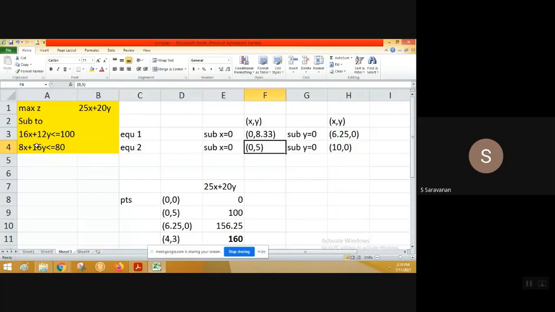When y equal to 0, 16y will become 0, so x equals 80 divided by 8, which is 10. So it is 10 comma 0. For every equation you will get two coordinates: with equation 1, two coordinates, and with equation 2, two coordinates. This is step 1. Are you clear with step 1?